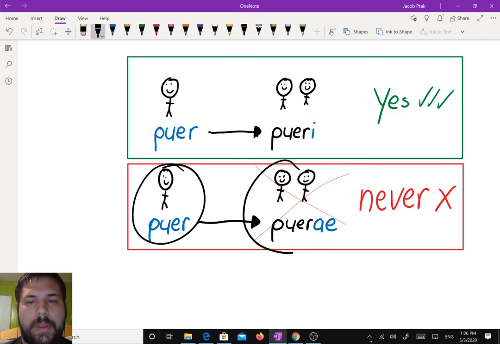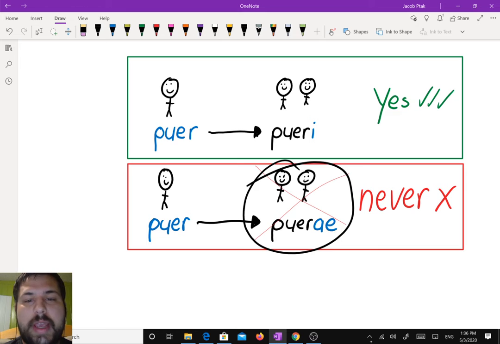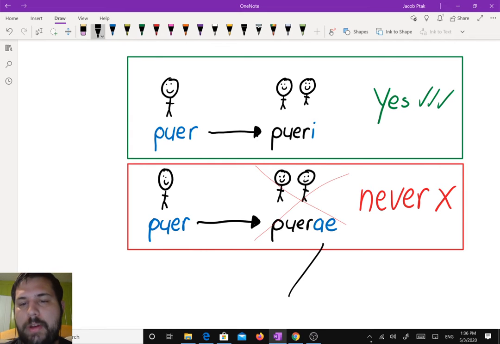Puer, puerai. Don't ever say that. That's wrong. You're mixing up the pattern. You're using the wrong pattern. This word will always follow the pattern that it adds the letter I. It won't ever follow the other pattern, which is to add an E.